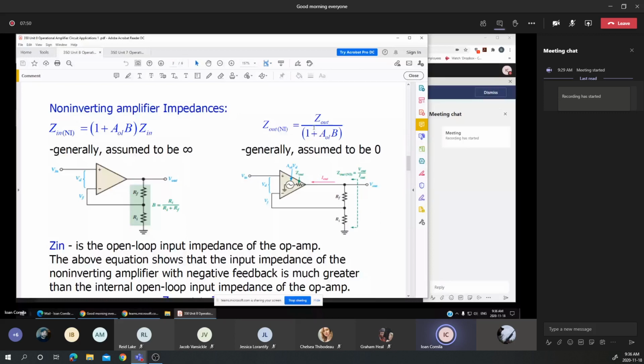It's the provided impedance, which is the Z out, which I mentioned is about 100 ohms, over the same bracket, which is 1 plus the gain of an open loop multiplied by the B. Means that the output impedance for a non-inverting amplifier is much smaller than the output impedance for an amplifier that is provided by the manufacturer. Means that it's not connected as a non-inverting or an inverting amplifier.